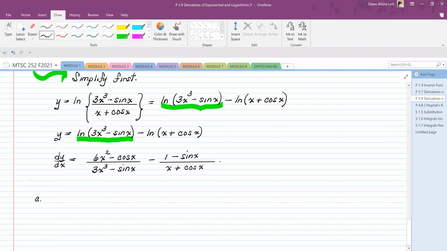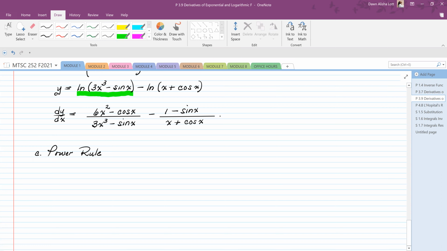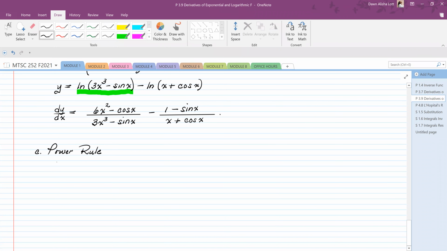Okay, so this is my favorite rule, because this one can take some ugly problems and make them nice. This is the power rule. The power rule says that the log of x to any power, you can bring that power down and make it a coefficient of the log of x.